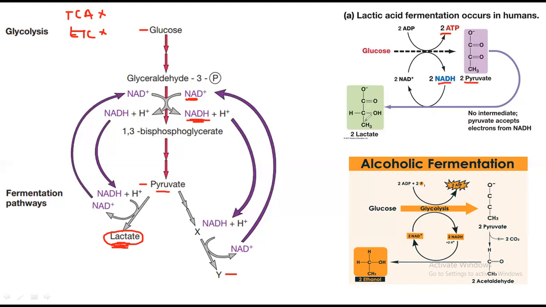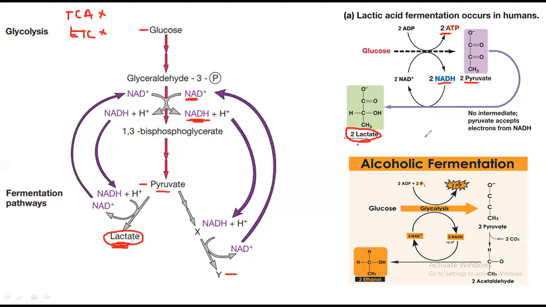After that this pyruvate is converted into lactate, and this NADH gives its electron to the pyruvate, and the pyruvate is converted into lactate. This is the fermentative product, and it gives specific flavor to our food.